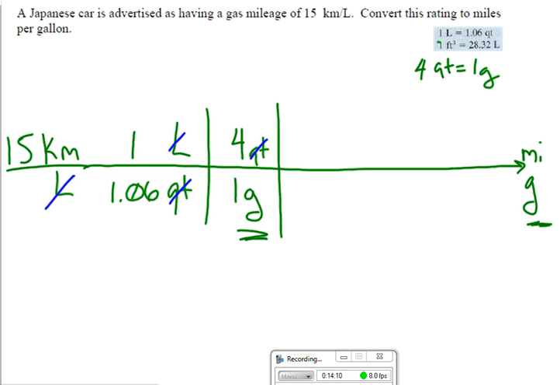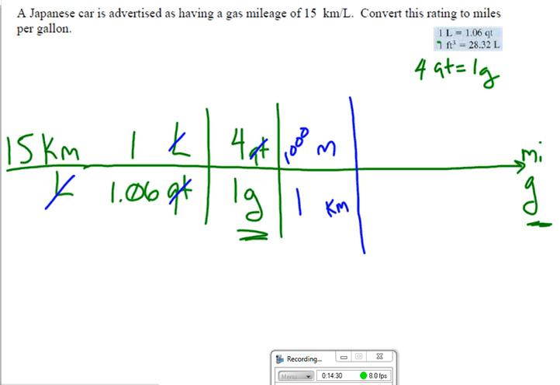Now we need to go from kilometers to miles. We're going to go through the same units we went through before. Get rid of kilometers. We're going to first go to meters. So kilometers above means we have to put kilometers below. For every 1 kilometer, there are 1,000 meters. And I'm going to start getting really squished here.